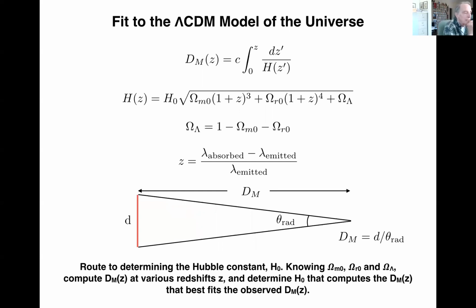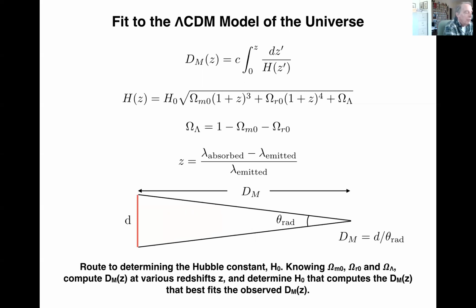Okay, so that's the content of the universe. And Z is the redshift parameter. The greater Z is, the further back you're going into the universe's past history.